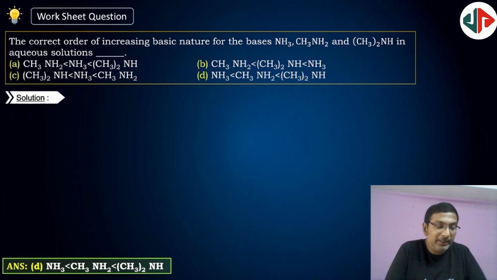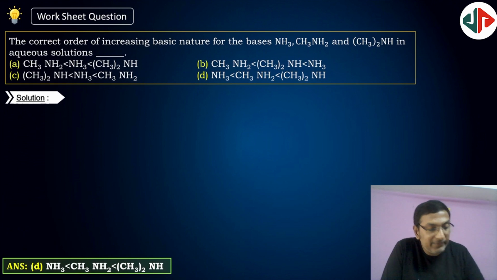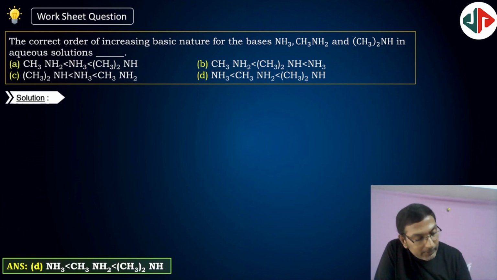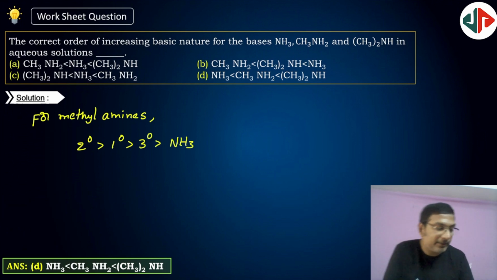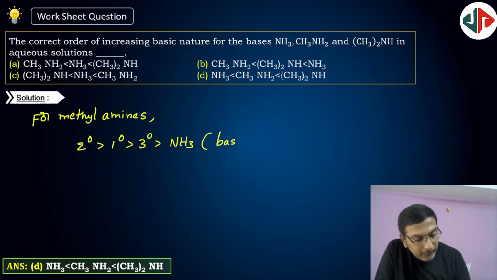The correct order of increasing basic nature for the given compounds. For methylamines, the order is secondary, primary, tertiary and ammonia, in aqueous solution.